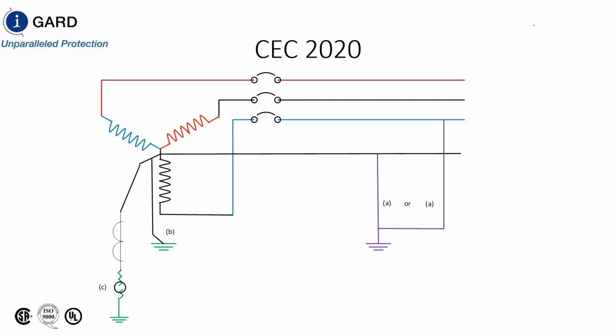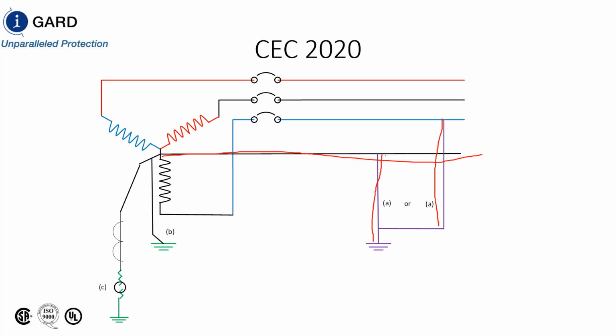On the system on a distributed neutral. So here's our distributed neutral. But we have to monitor the neutral. If it becomes grounded downstream, that must be detectable and tripped. Obviously if there's a fault on any phase, we have to detect that and trip immediately.